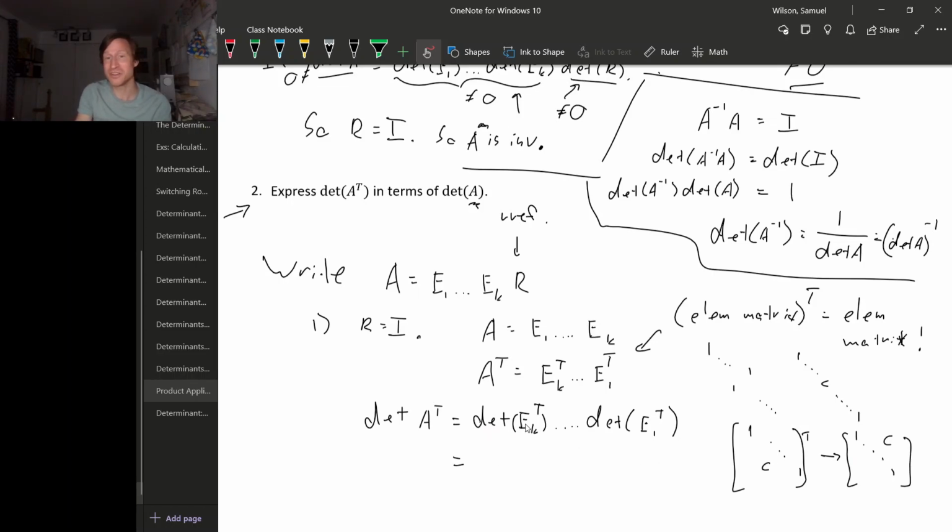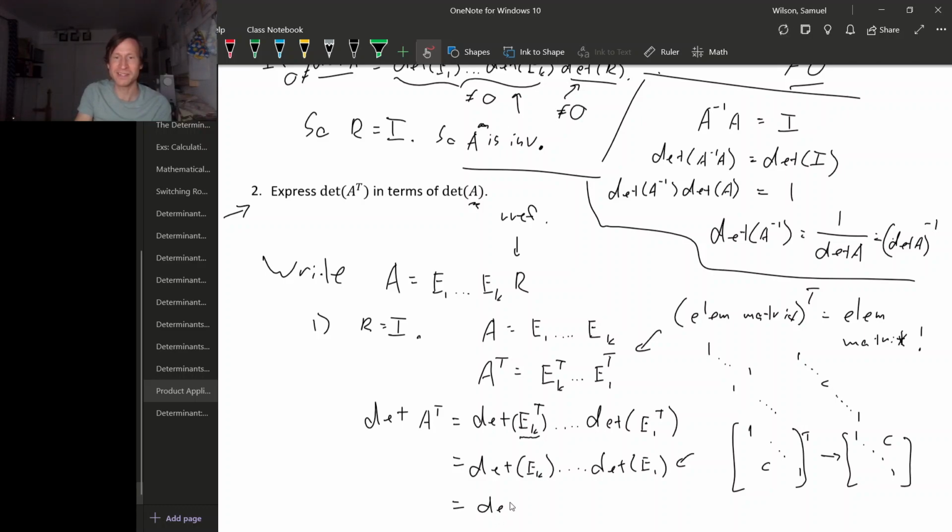So no matter what kind of elementary matrix E sub K is, the determinant of its transpose is the same as the determinant of E sub K. And this goes for all of them, all the way down to the determinant of E sub 1. All right, on this line we have real multiplication, so we can rearrange this.